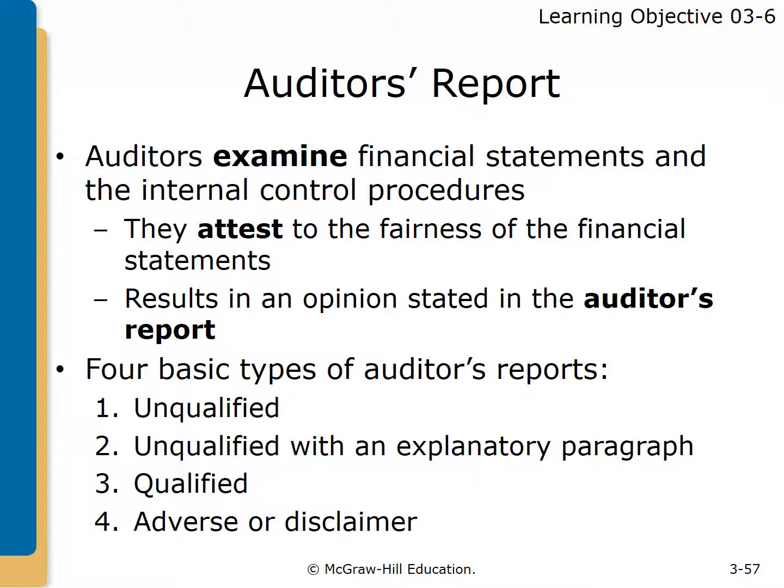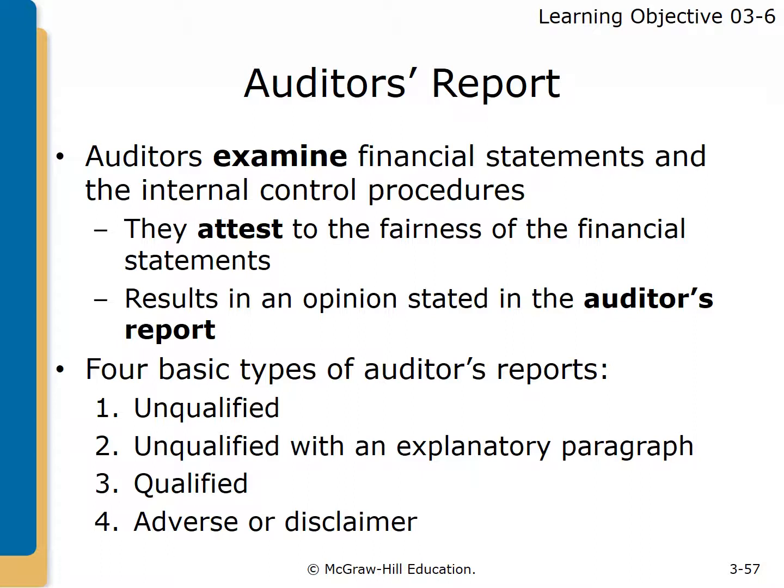An adverse or disclaimer, adverse is this is bad. So specifically, when the auditor has specific knowledge that financial statements or disclosures are seriously misstated or misleading, they're very rare. People usually withdraw from the audit for an adverse opinion. And a disclaimer is when the auditor is not able to gather enough information to even make an opinion.